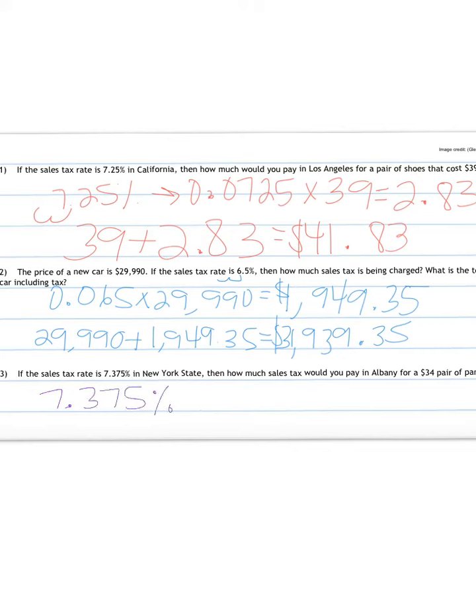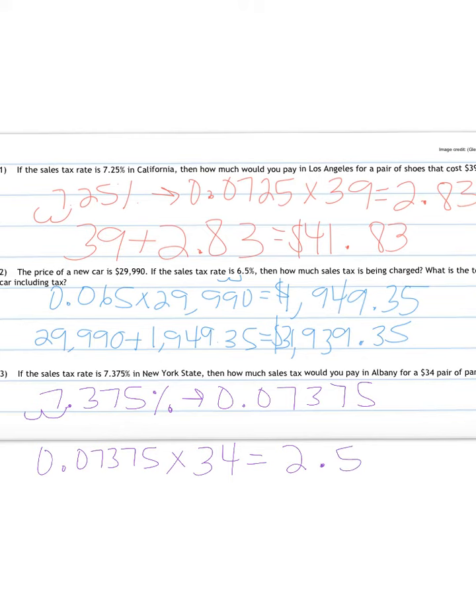Okay, so this percent turned into a decimal would be 0.07375, and we're going to take that number and multiply it by the pair of pants, which are $34. So the tax on that pair of pants would be $2.51, rounded to the nearest hundredth, 1 cent.